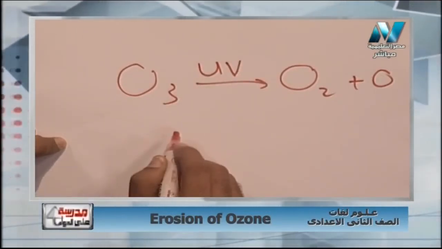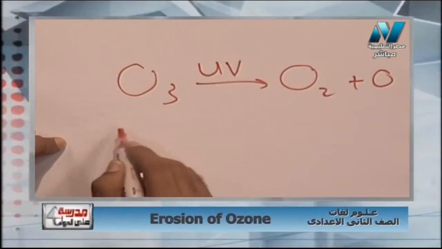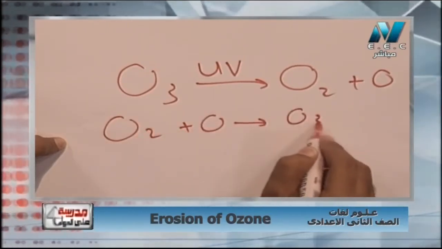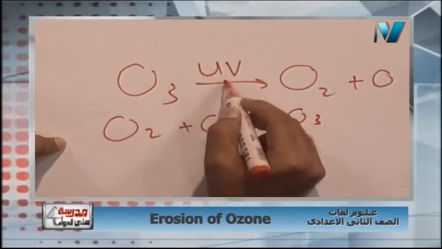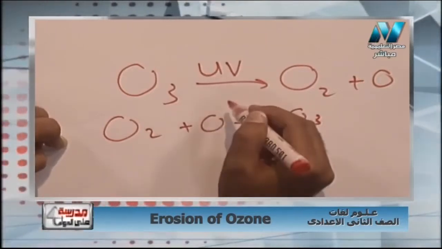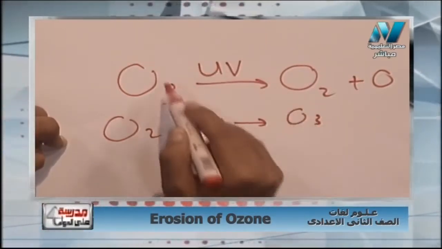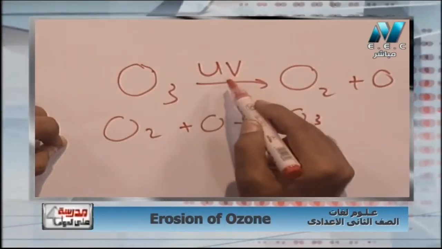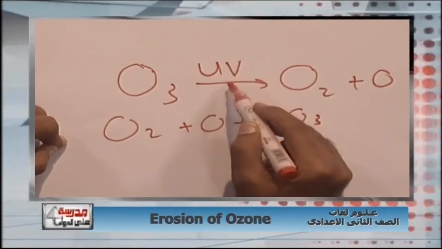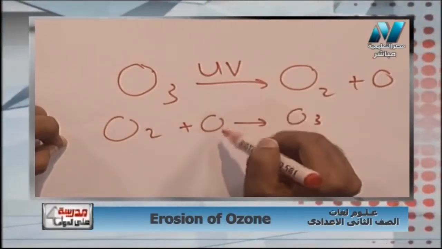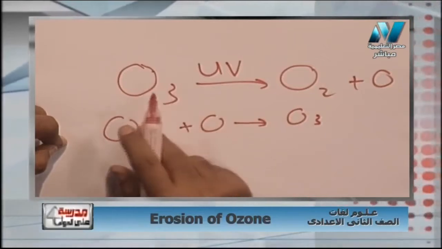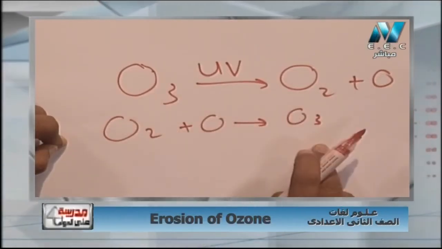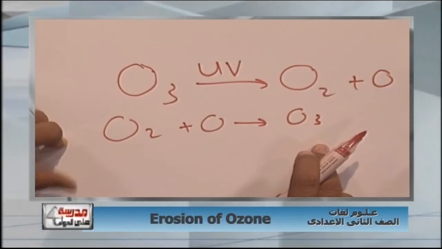But at night, again O2 combines with O to be O3. So its function, or its importance, is protecting the Earth from the harmful radiation of ultraviolet. It uses ultraviolet before reaching the Earth to change from O3 into O2 and O. Then at night they combine together to be ozone again.